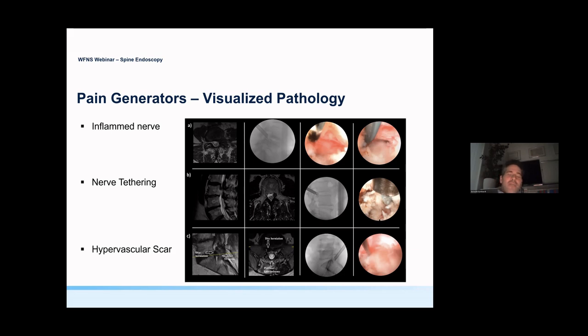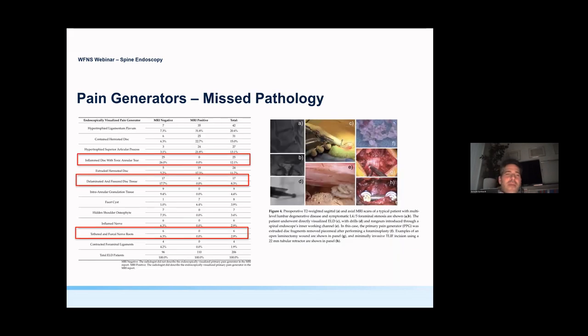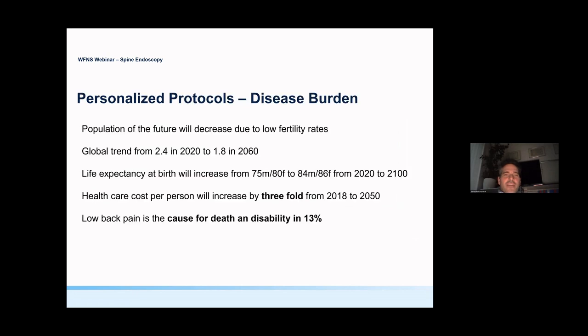Also, you can have hypervascular scars that, depending on the vascularization, may also cause pain, even though it's not seen on the MRI. And again, here in this literature overview, you can see that there are a lot of different pathologies that you might miss on a preoperative MRI, but can cause problems to the patient.